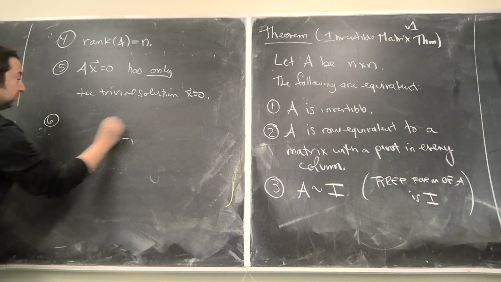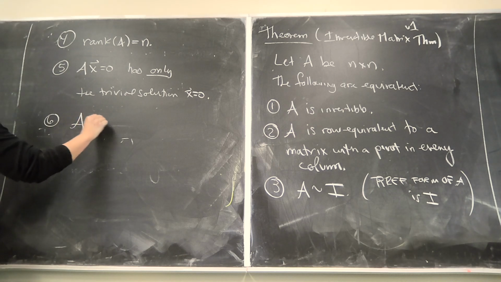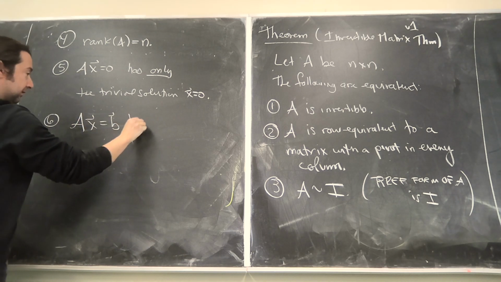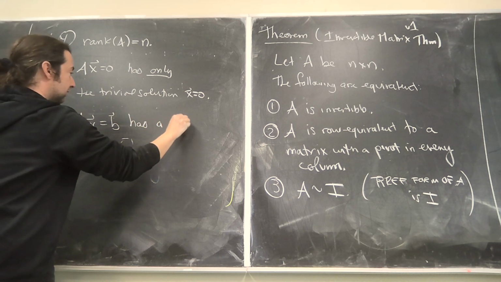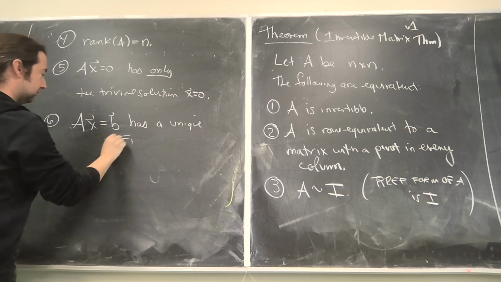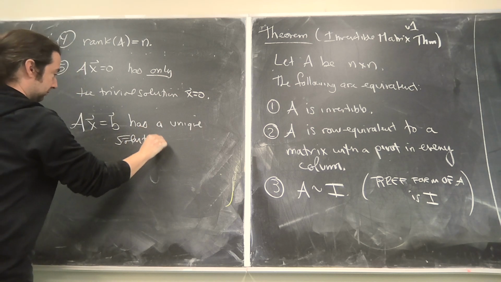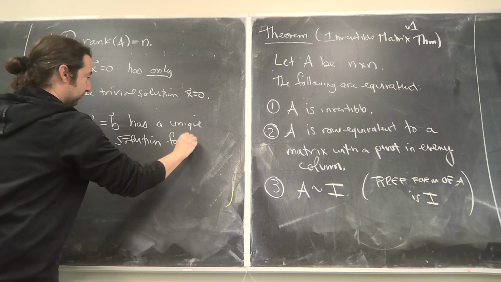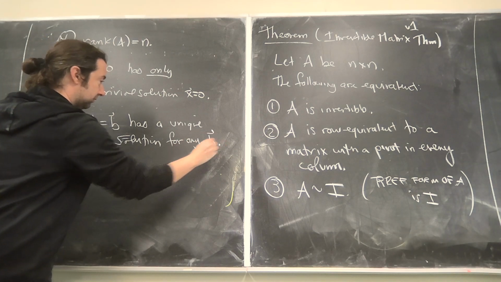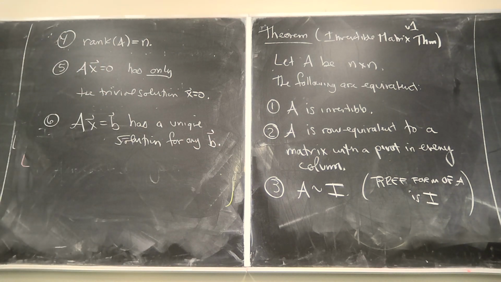And the final condition is AX is equal to B has a unique solution for any vector B. Why did they write it out so many different ways? In a lot of cases when you're working with matrices, there's a specific type of question you're interested in.